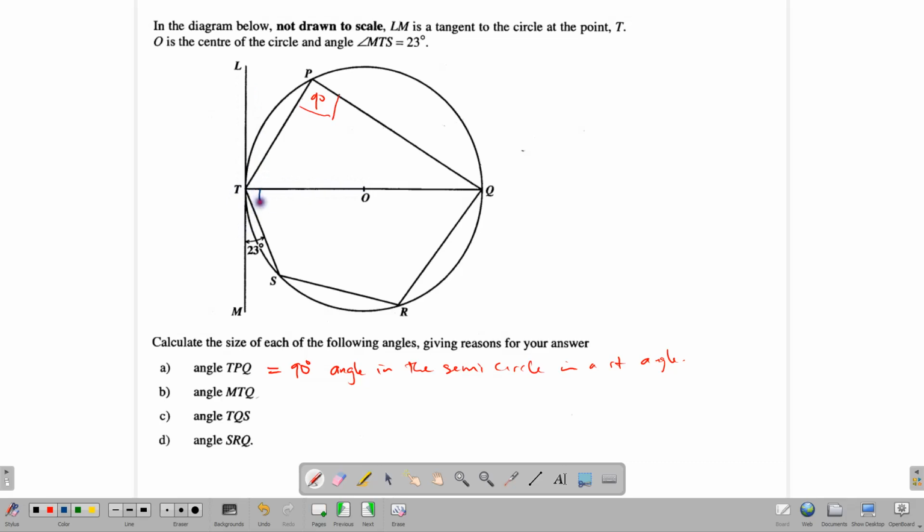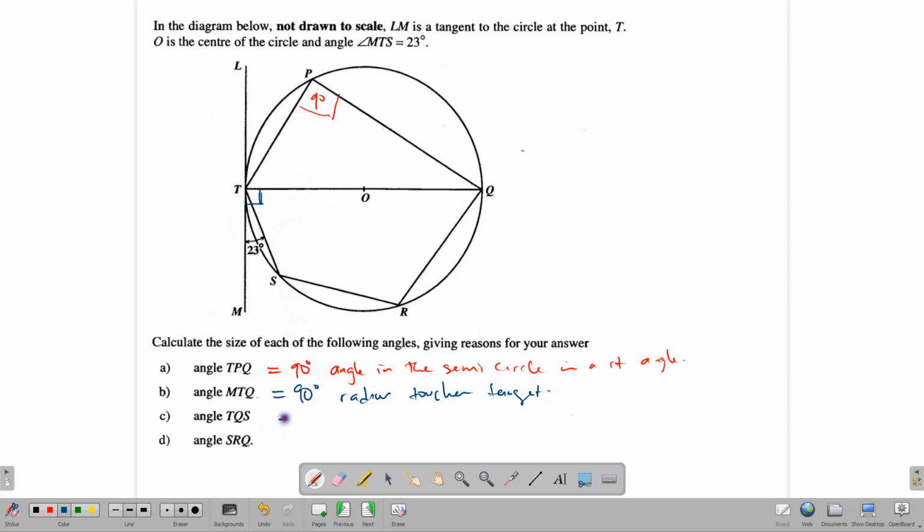Therefore, when a radius touches a tangent, it creates a right angle. So MTQ is also 90 degrees. The reason for that is that the radius touches the tangent at the point of contact. And because it touches it at the point of contact, it creates a right angle there, perpendicular, right there.